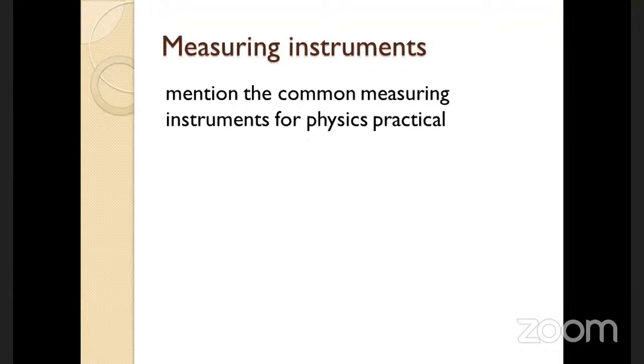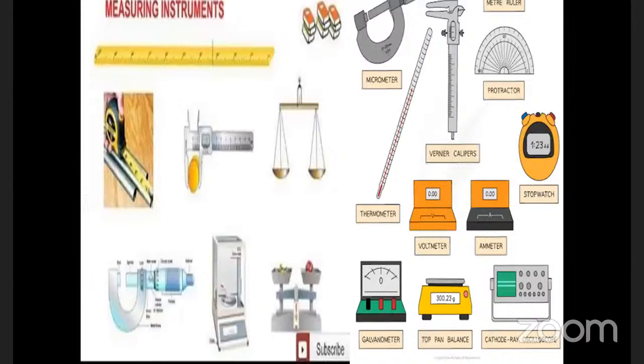You can see we have some of the common measuring instruments. What can you see that we have there among those we have not mentioned? Thermometer, galvanometer. Protractors.